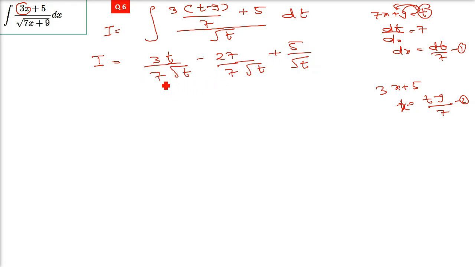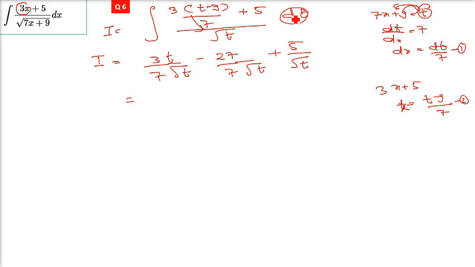If we take this 7 outside, it will be easier for us to deal, because 7 was already there outside, because dx was actually dt by 7, if you remember. So this 7 is going to be taken from the denominator. It will make the computation easier. It's not any trick. It's just that it will make your life easier.